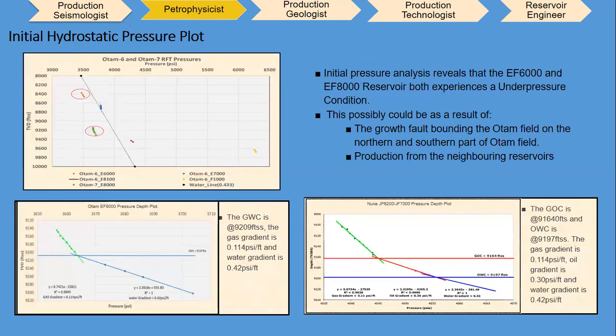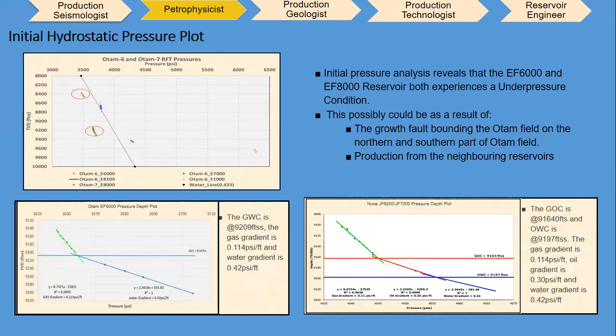Looking at the initial condition, the hydrostatic condition of this reservoir, like I said, we have an underpressure situation. The hydrostatic pressure for the EF6000 and EF8000 reveals an underpressure, which is not normal because it's below the water hydrostatic gradient.